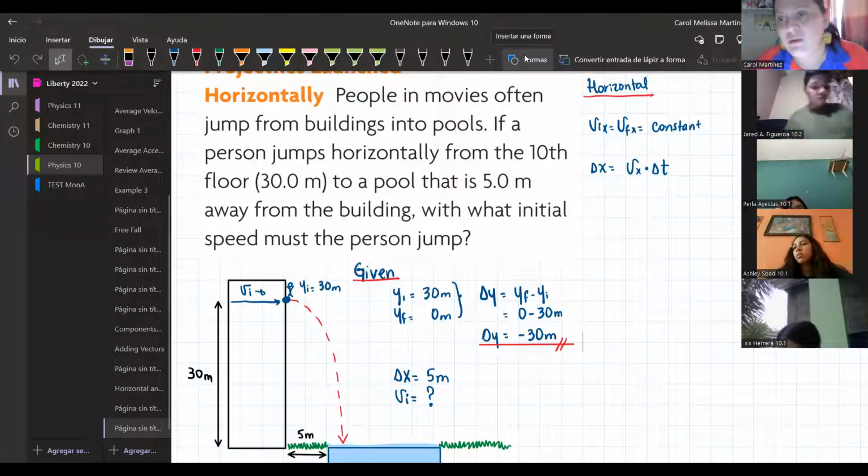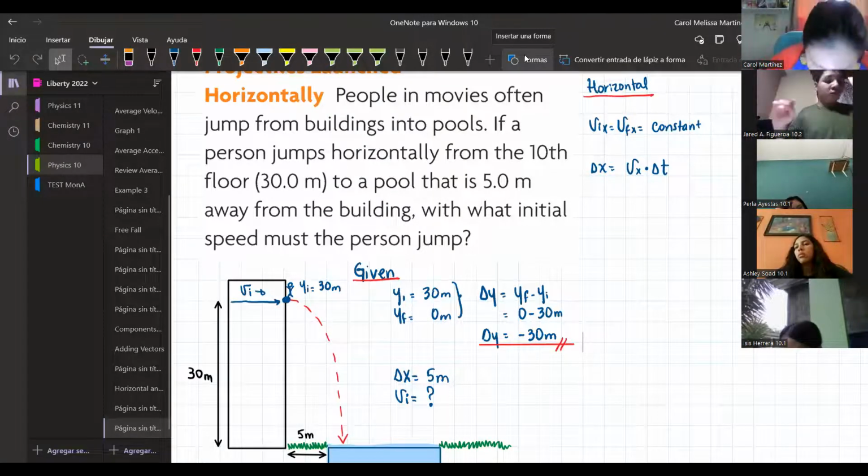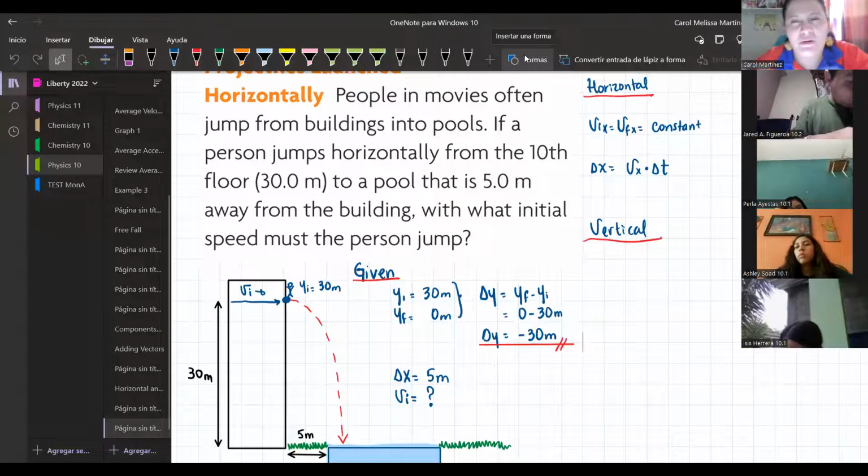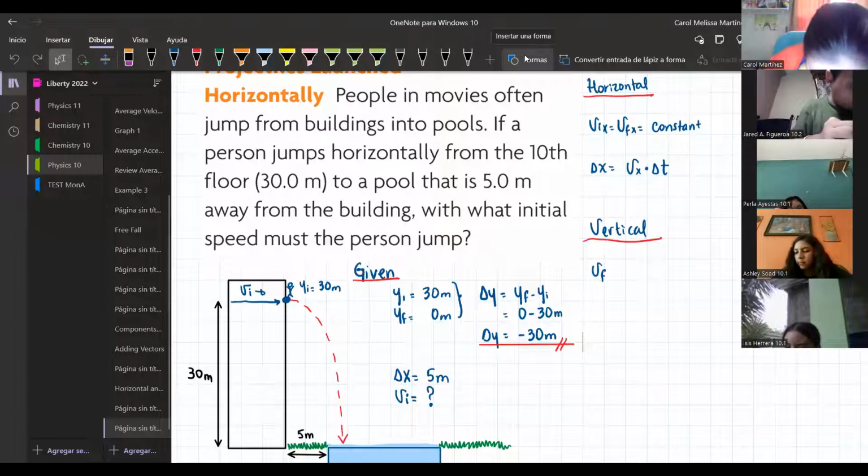And then I gave you the other list of formulas for vertical projectile motion. Did I give you another one for horizontal? I think I didn't. I think there were only two. For vertical, I gave you two for final velocity in y and one for delta y.